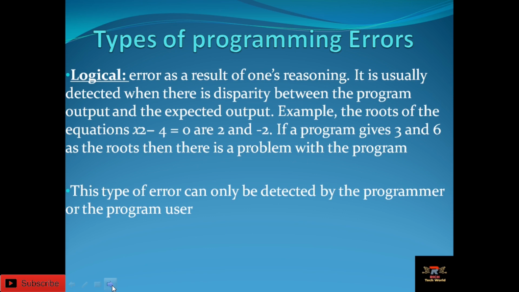So for instance, if you are writing an algorithm to find the sum of two given numbers, and then your algorithm is not able to find the sum, but finds something else, let's say the difference of those numbers, then you have a logical error.